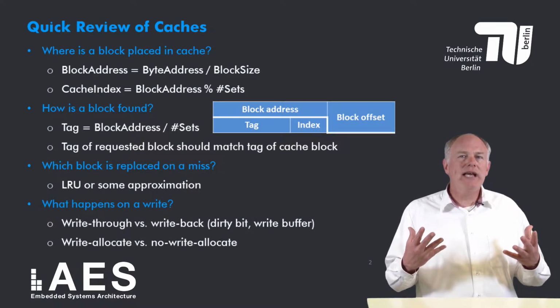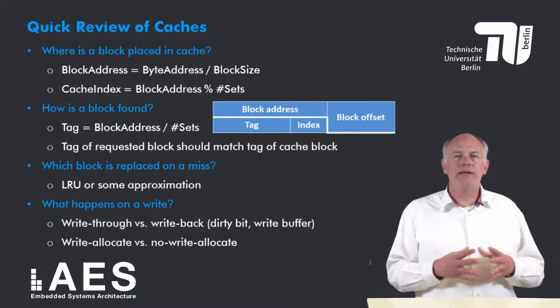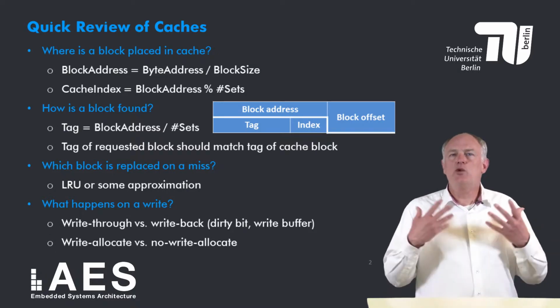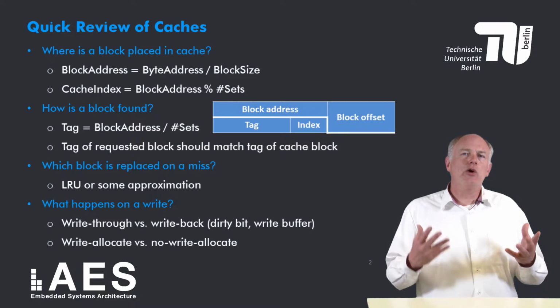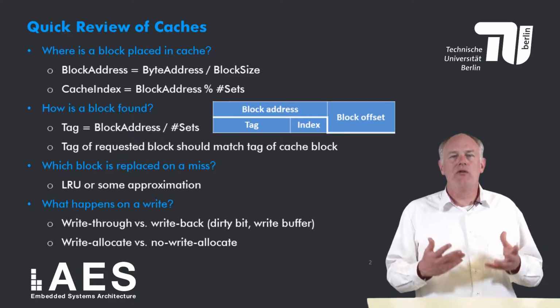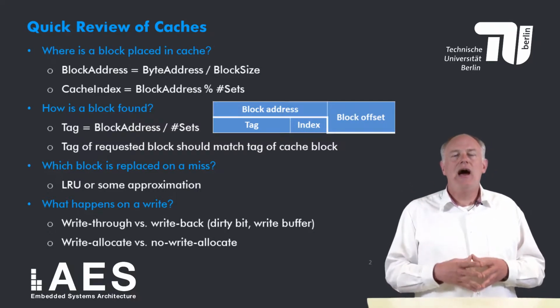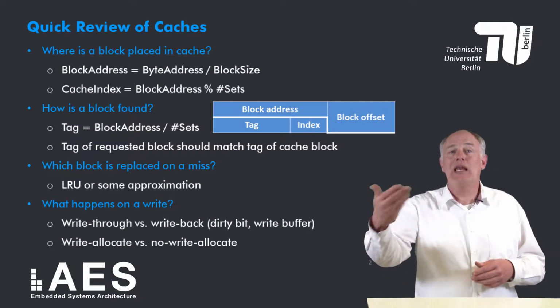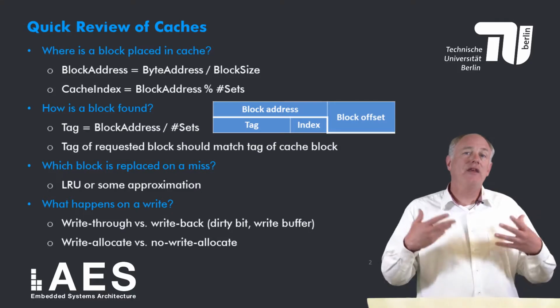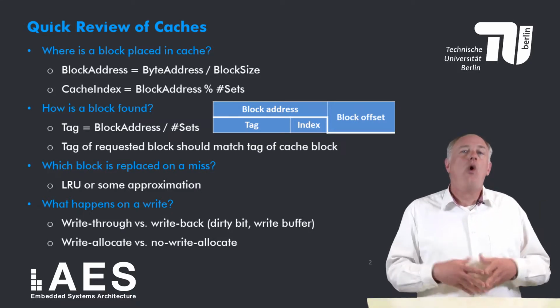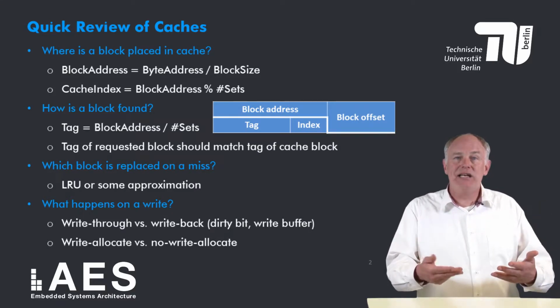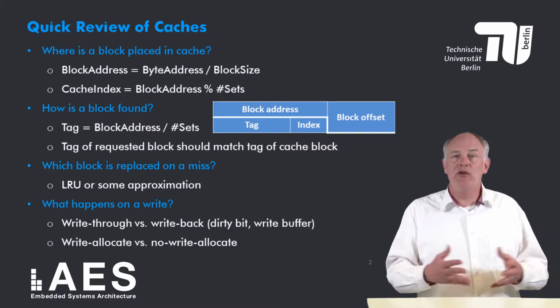The final question is, what happens on a write? This consists of 2 sub-questions. What happens on a write hit and what happens on a write miss? On a write hit we have 2 options. Either we write to cache as well as the lower memory levels. This is called write through. Or we only write to the cache and write to memory when the block is replaced.